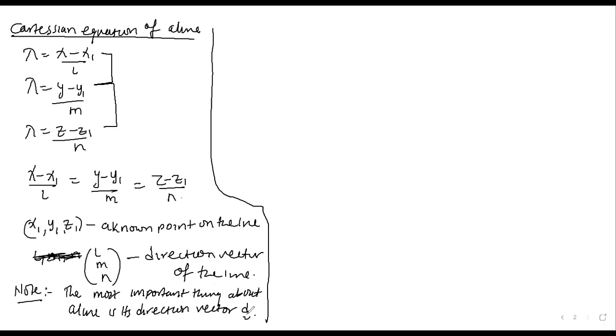That is the most important thing about a line. You have to know that whatever they ask you, besides finding the equation, when they say a line and another line, a line and a plane, a line at this angle, whatever they are talking about, they are dealing with the direction vector of that line.